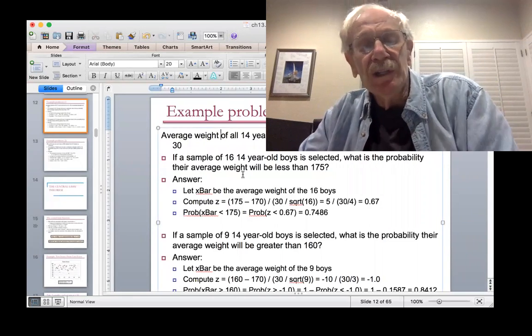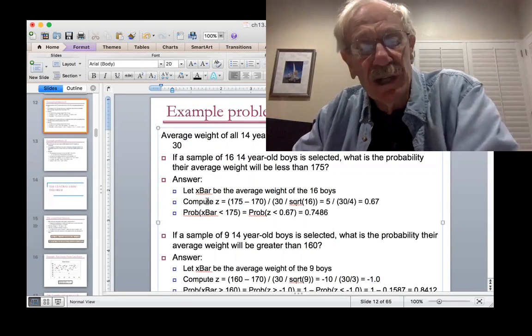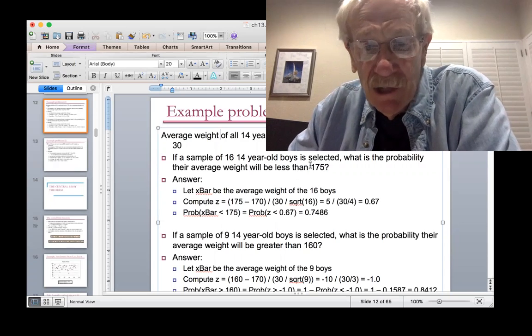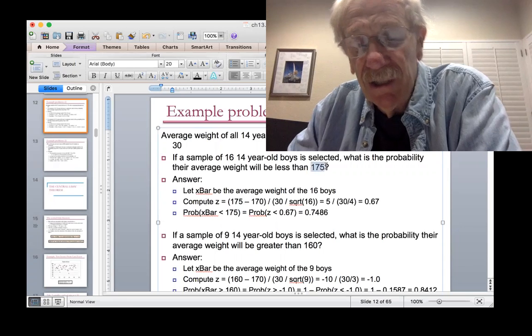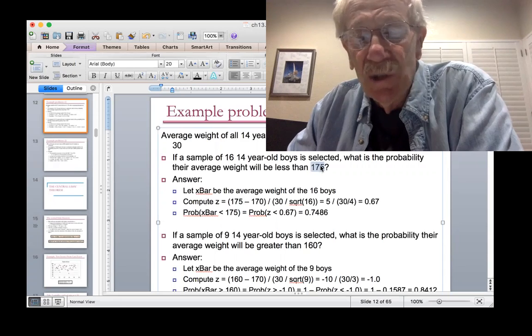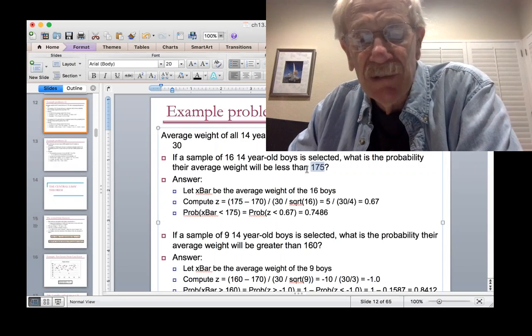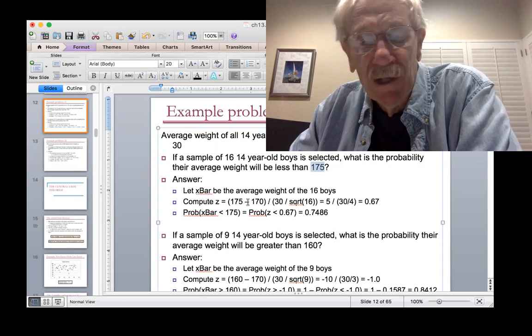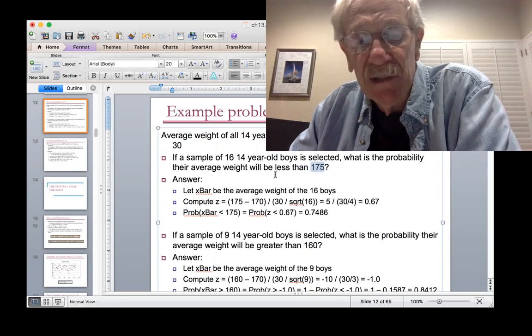And the way to compute the answer is you take Z score is equal to 175, and that's the number that you're interested in finding the limit of. So 175 is the limit for this particular problem. 175 minus the mean, 170.